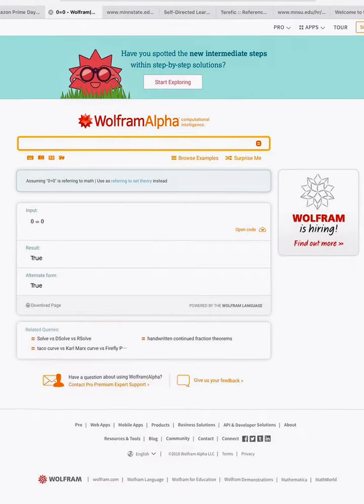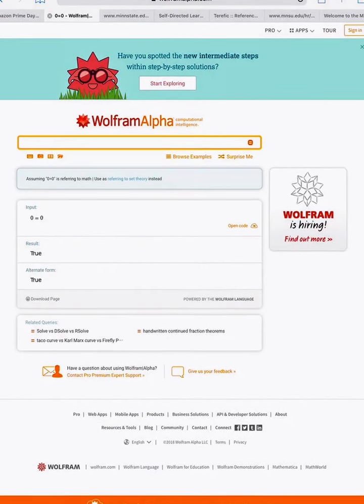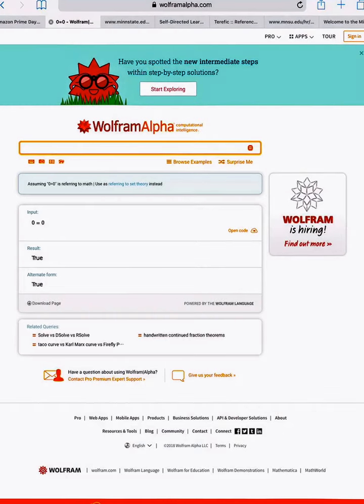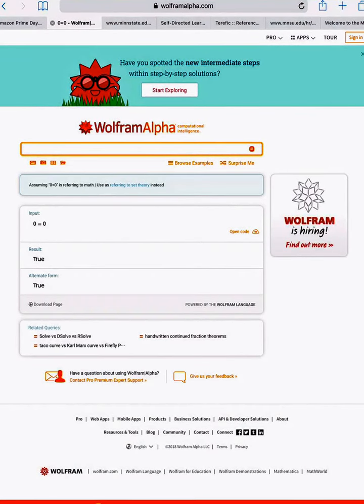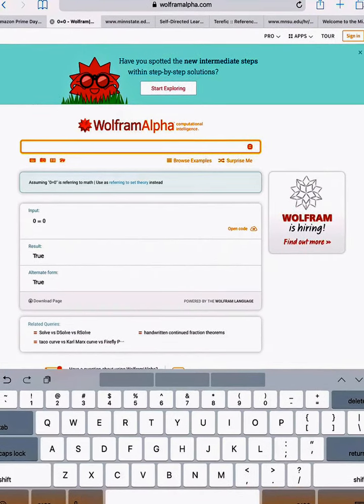A good calculator will do this for you. I'm going to flip over here to Wolfram Alpha, which is an online equation solver.